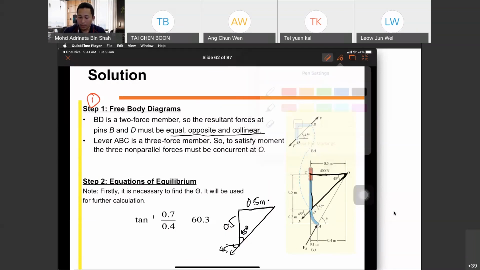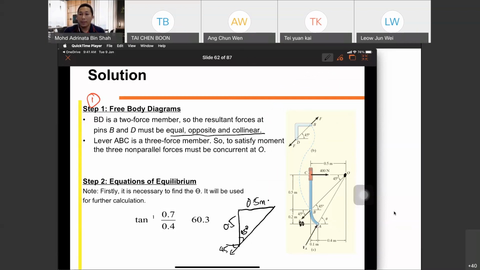Next, we have the body. We have the FBD. We have pin FA, so we have FA and FB will intersect at point O. Why?